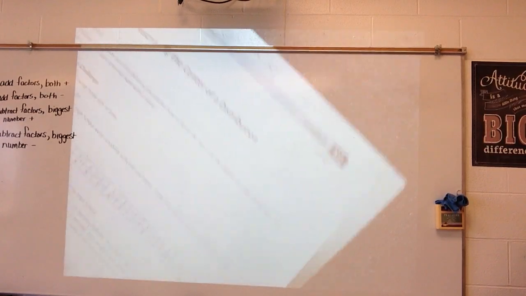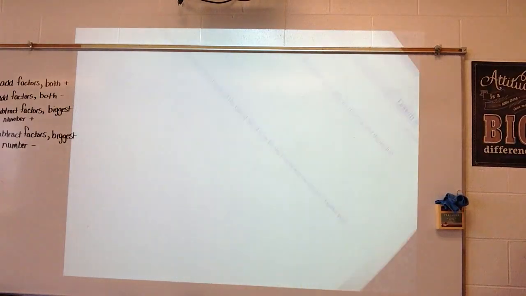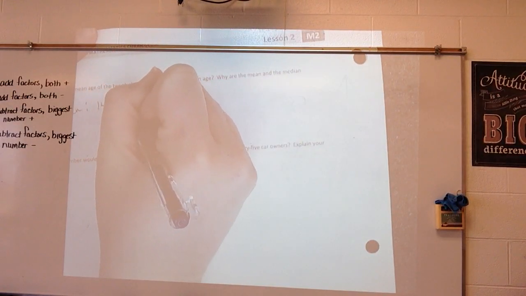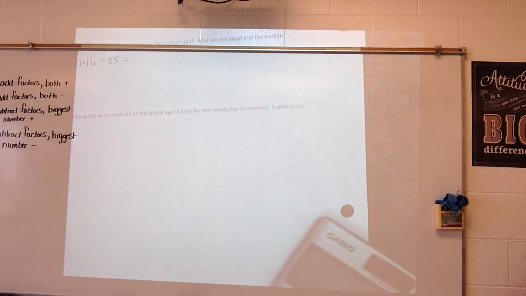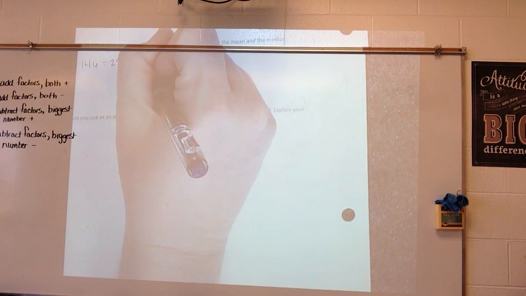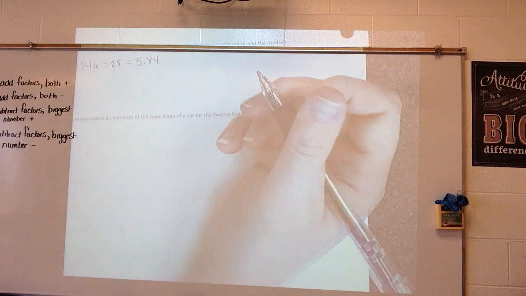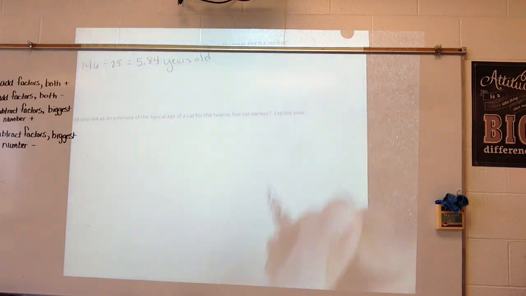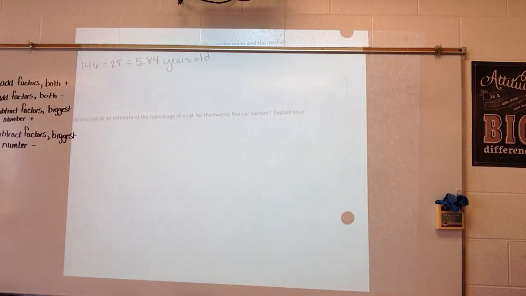So I have 146 divided by 25 gives me 5.84 years old. Why are the mean and the median different?